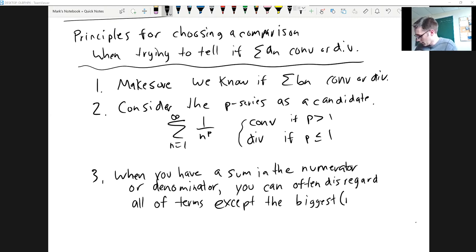And by biggest, I mean the fastest growing. So if you have something like n squared plus n, when n is large, the n squared is more likely to be the one that matters, and so you may throw away the n and just focus on comparing to the series without that term.